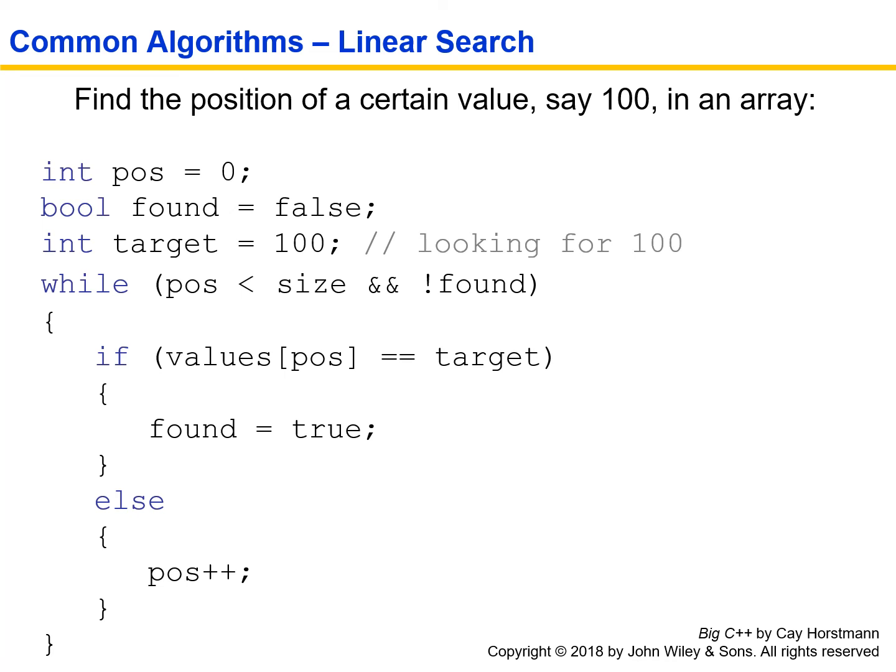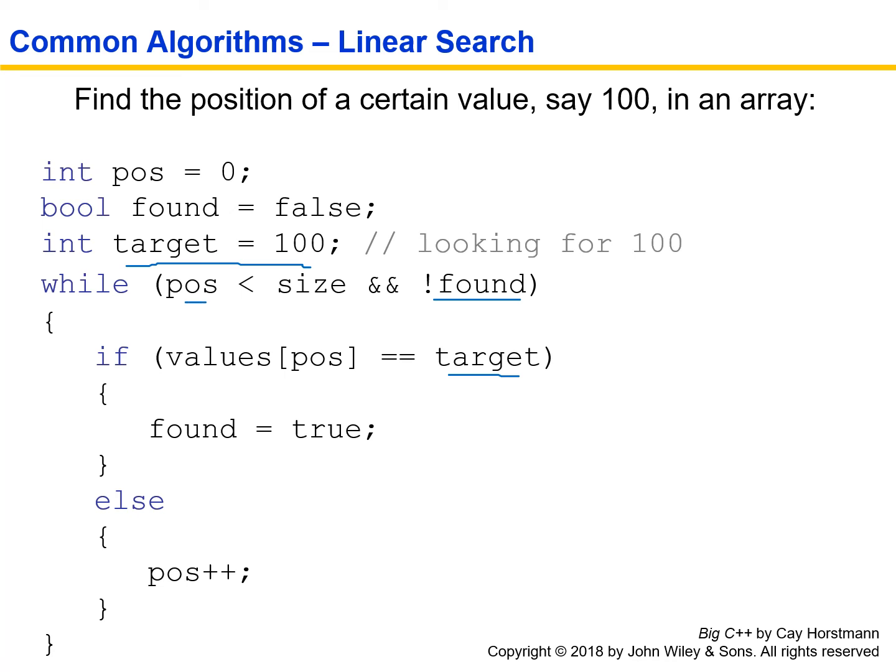We want to find the position of a certain value. We can define a target here. Target equals 100. If the value at position equals target, we set found to be true, and that will exit us out of the loop.